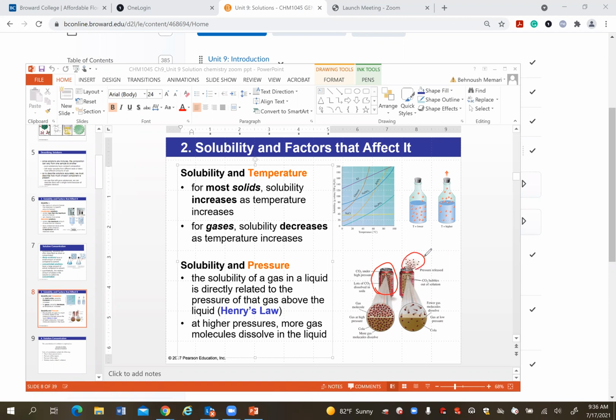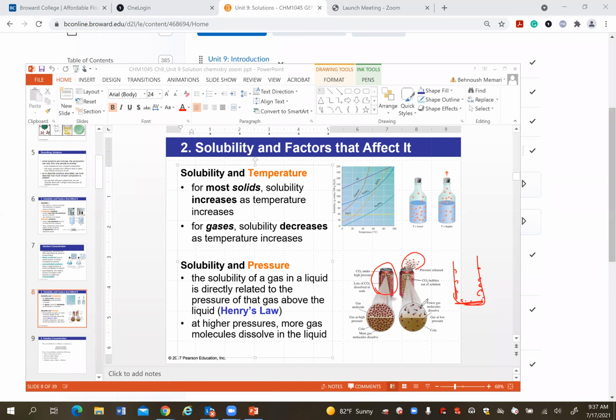Some of the gas would come out because the pressure is decreased now, so gas molecules would leave the liquid. Also, if you increase the temperature, if you place it in a glass and leave it at room temperature, you would see bubbles forming in the glass. That means those gas molecules are coming out of the liquid and attaching to the wall of the glass.